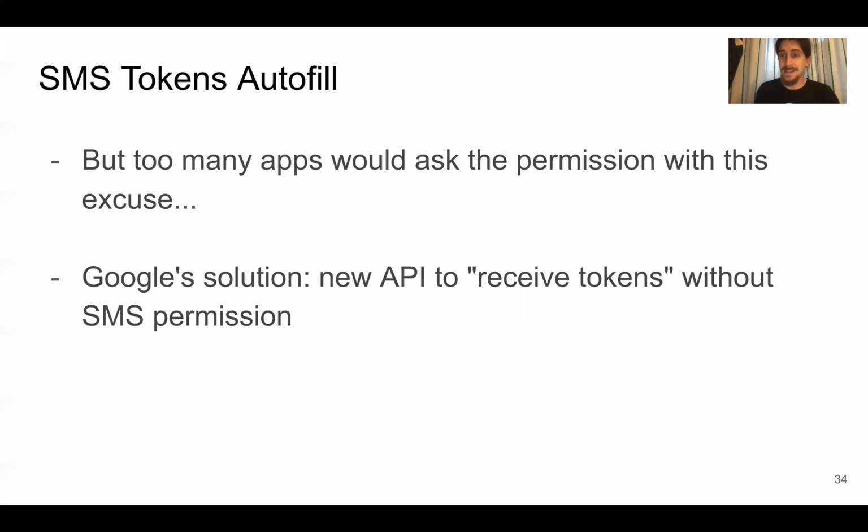Now, when I made these slides, this was last year, and at that point there were one or two APIs. Now there are three or four. We have an upcoming paper with some colleagues at NDSS, where we do a security analysis of these three or four SMS APIs, and we show that each of these is actually not as secure as one would hope, and then we propose a solution.